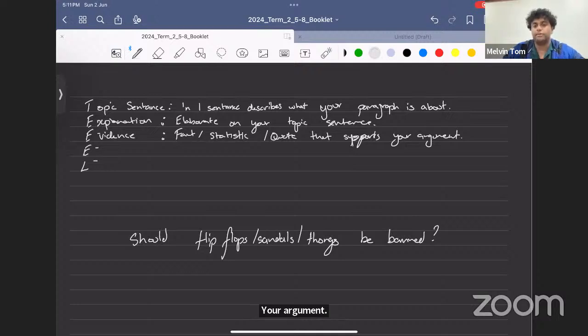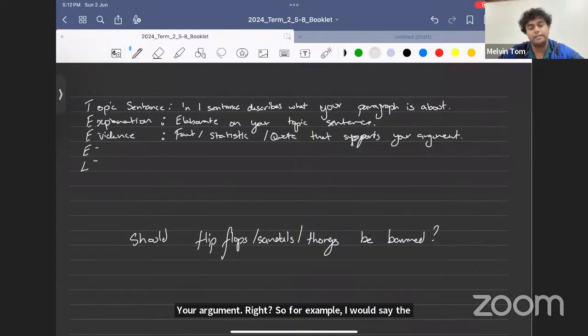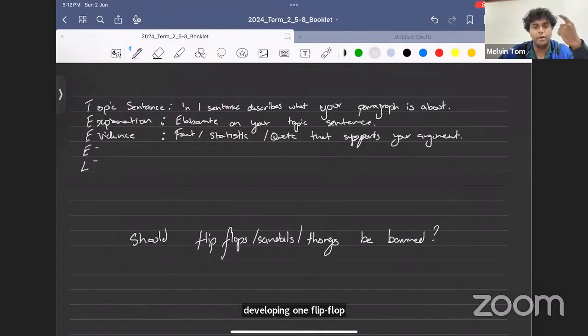So for example, I would say the International Chamber of Commerce says that the cost of developing one flip-flop is 20 cents, while the cost of making a single shoe is $2, right? That's my fact. I say flip-flops are 20 cents, shoes are $2.